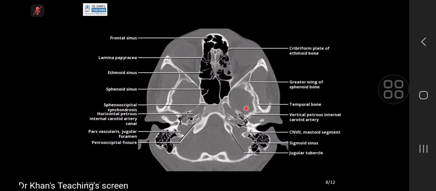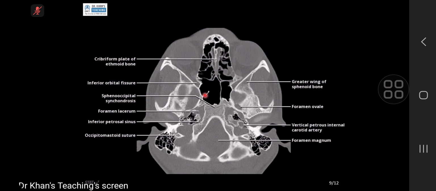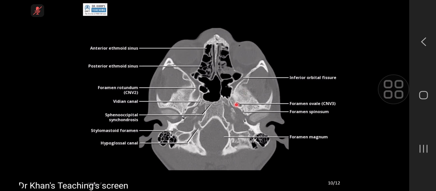So this is the foramen rotundum on this side, and as the slice passes through the longitudinal axis of the bone, we can see foramen ovale and spinosum.